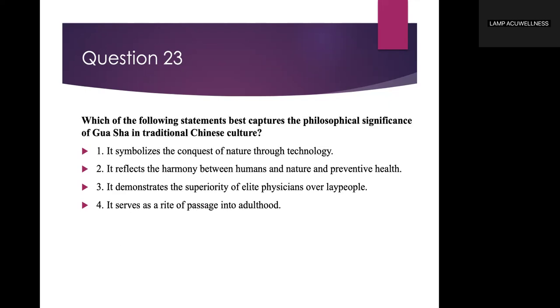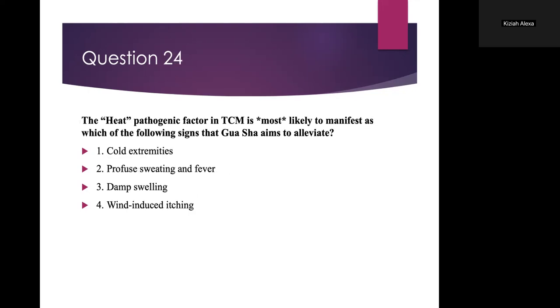Which of the following statements best captures the philosophical significance of Gua Sha in traditional Chinese culture? It reflects the harmony between humans and nature and preventive health. The heat pathogenic factor in TCM is most likely to manifest as which of the following signs that Gua Sha aims to alleviate?